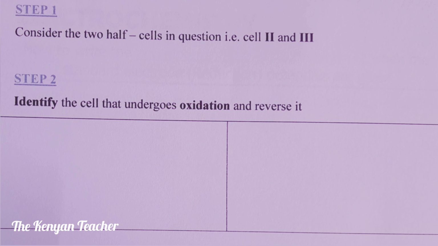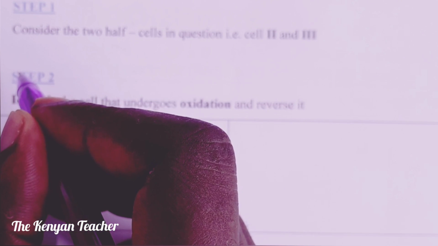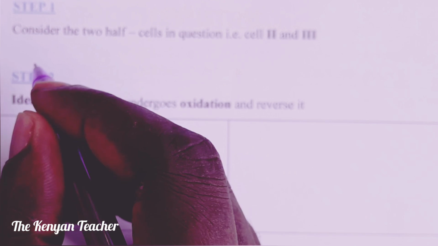The first step is to consider the two half cells that have been given in the question. So our work at this point is simply to copy the two equations or the two half cells from our table.